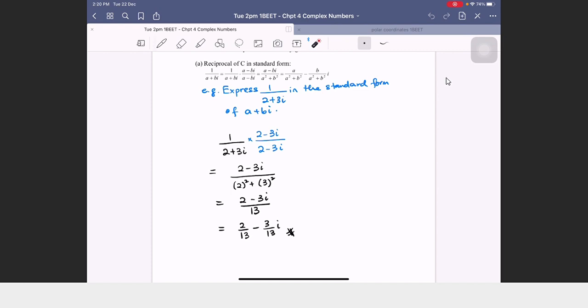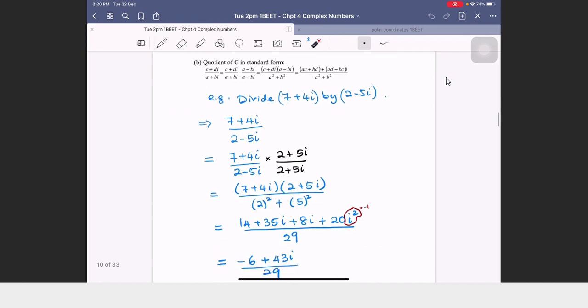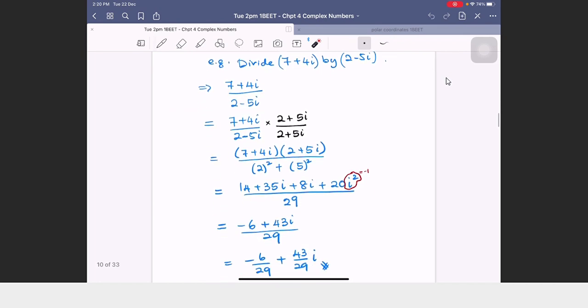Often, when you are given a quotient expression or a division question, you need to multiply by the conjugate of the denominator so that your answer can be written in the standard form of a plus bi.